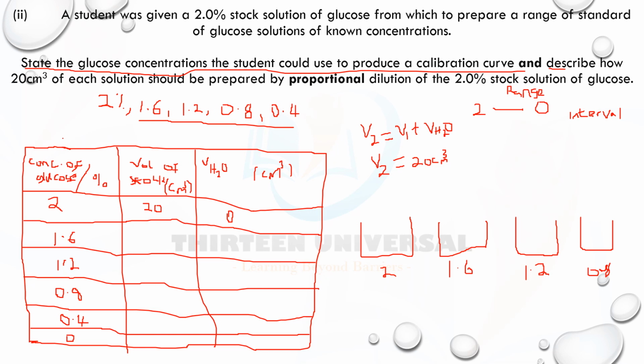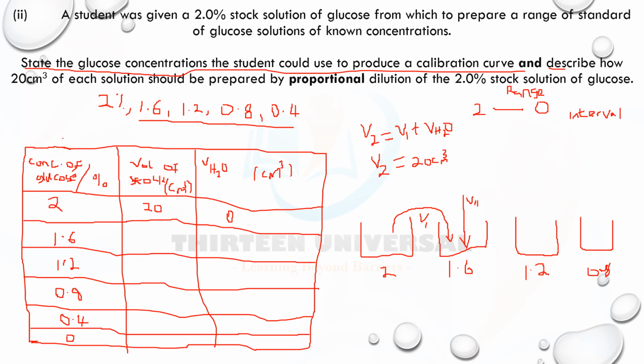So if I'm going to produce this, I'm going to move from here to here. The V1 for this is the volume of the stock, which is 2%. Then I'll add water and make sure I make it up to 20. This is the volume of water, H2O, that should be added.